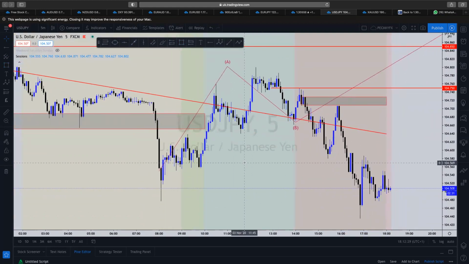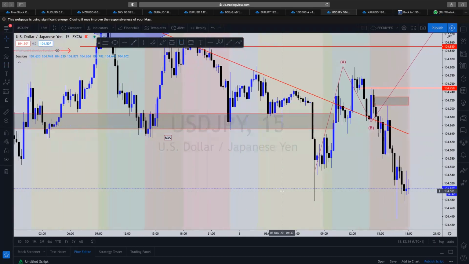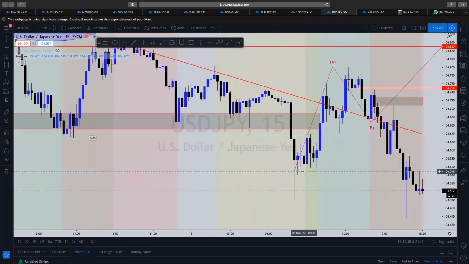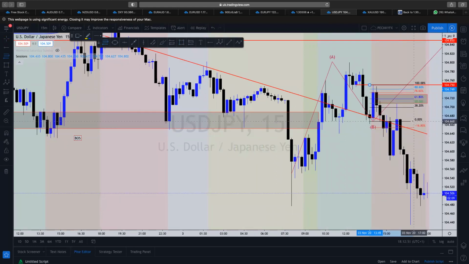All right, on the 15 minutes too, there was an entry on the 15 minutes time frame. It's also aligned with my 5 minutes. If you attended my call today, I did 50% of this move up, so it's still in line with my 5 minutes entry.